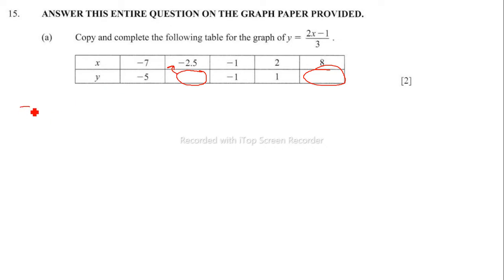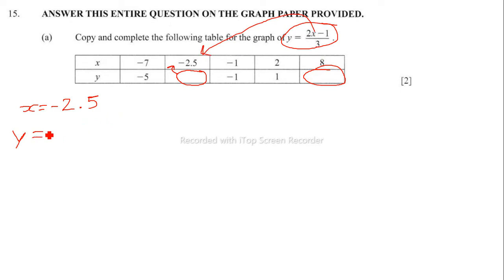So if x is negative 2.5, then y equals, remember we're using this formula, and all we're doing is replacing x with negative 2.5.